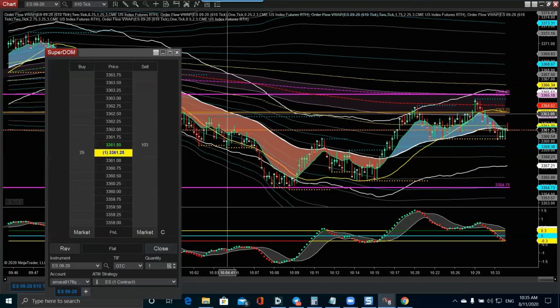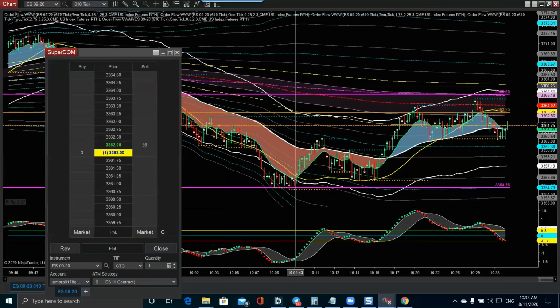Momentum is still up. Really no change in momentum. You just had an overrun there.